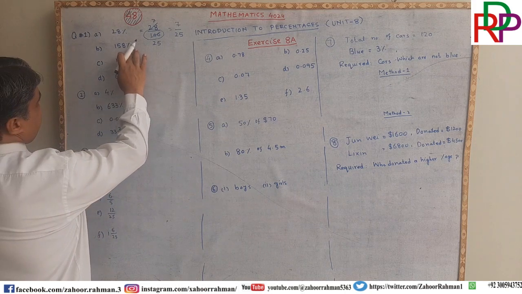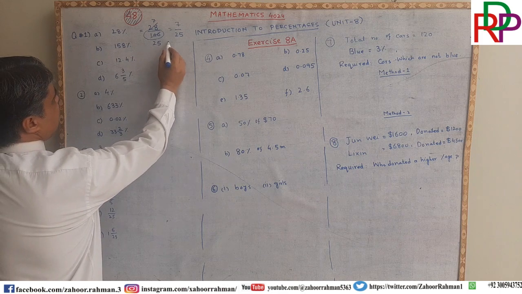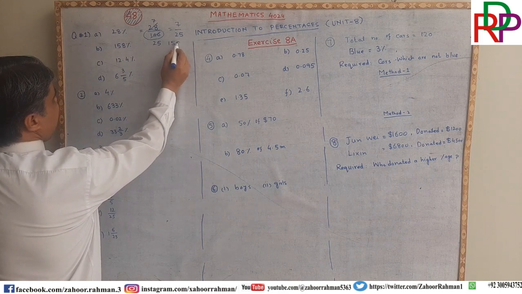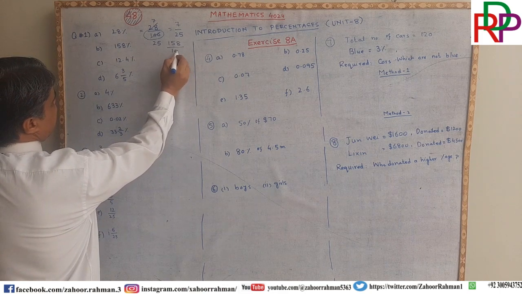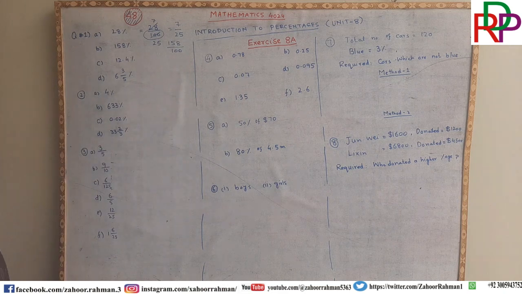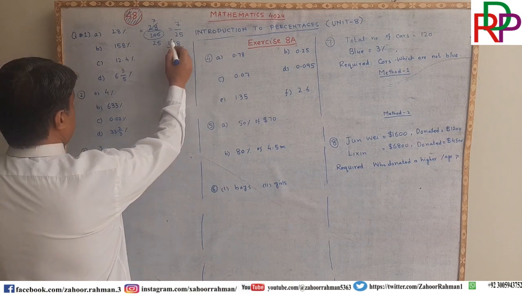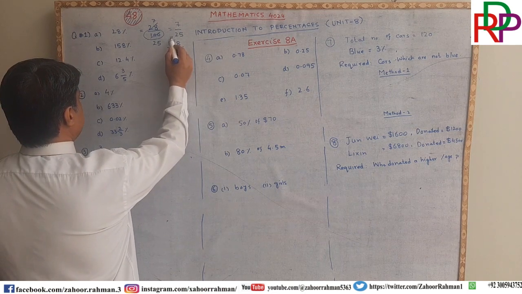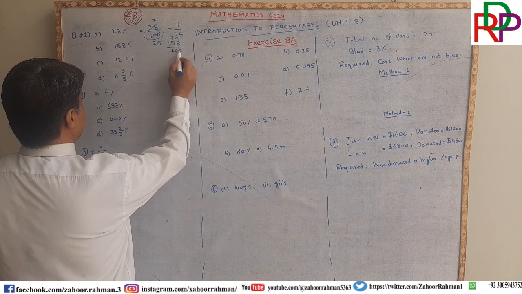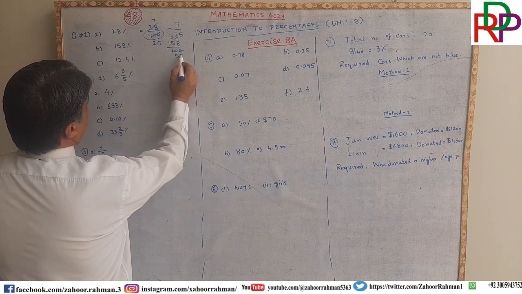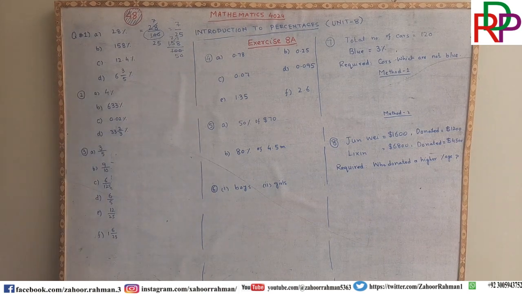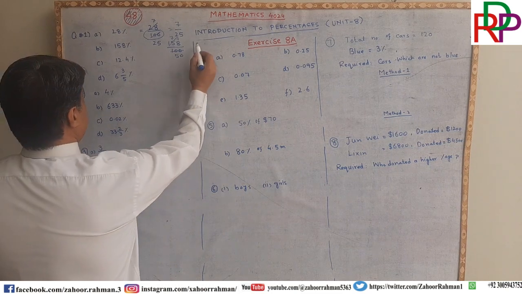Now the second one is 158 percent. The only thing you have to do after that is to check whether any fraction is cuttable or not. So 2 sevens are, and 2 nines are, and 2 fifties are. It is further divisible.